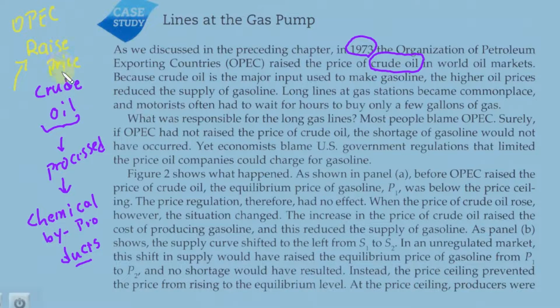Then you can imagine the influence on every country which needs this crude oil. They increase the price of crude oil. The higher oil price reduced the supply of gasoline, right?